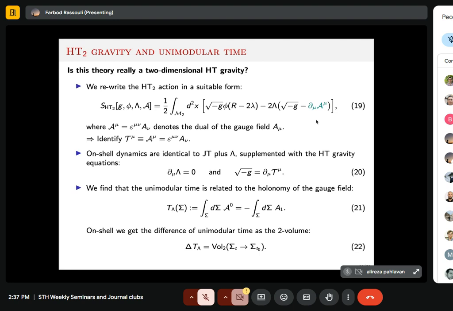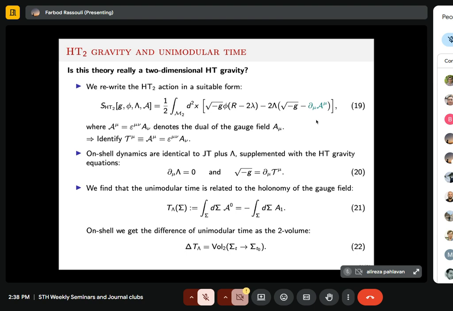Sure, no, that's fine. I mean, exactly. The basic motivation to come up with this theory in the flat case is to write the theory in the BF theory formulated way, but it also has some consequences.